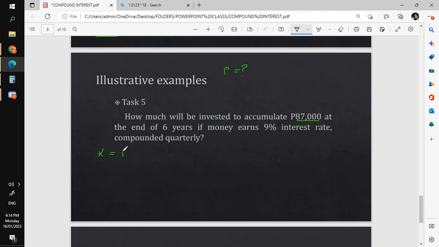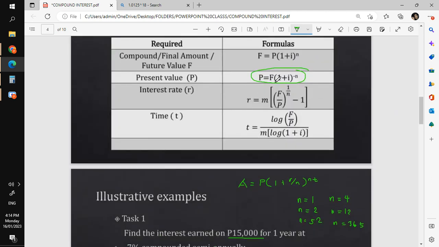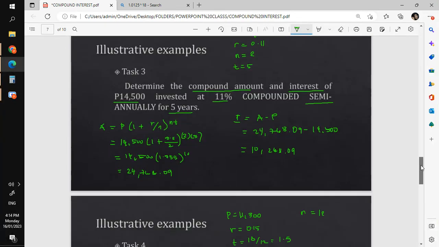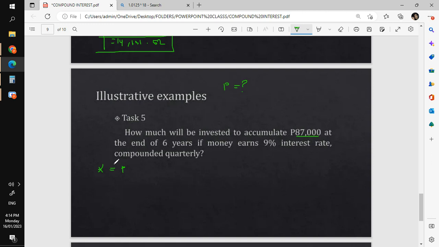We can use the formula P is equal to F times 1 plus i raised to negative n, or we can just use the formula that we have been using consistently. That's A is equal to P times 1 plus r over n raised to n times t. So the accumulated amount or the total amount is 87,000, which will be substituted to A.